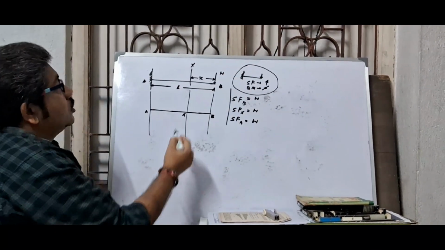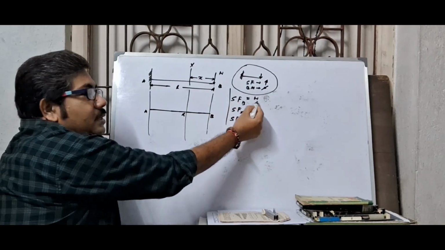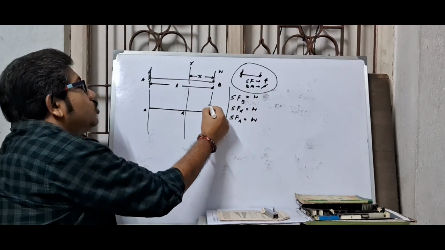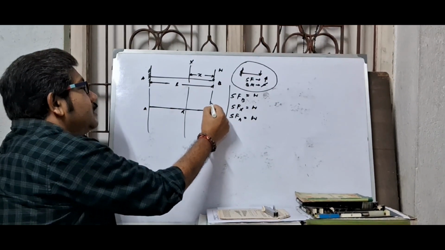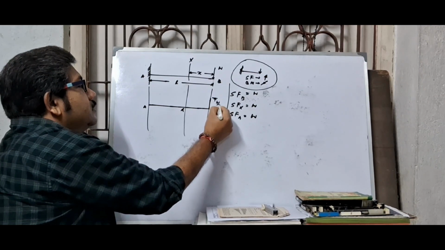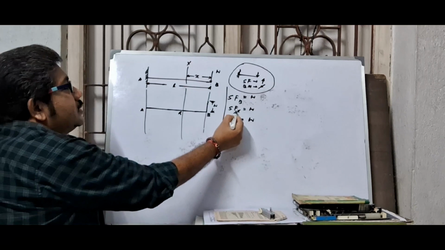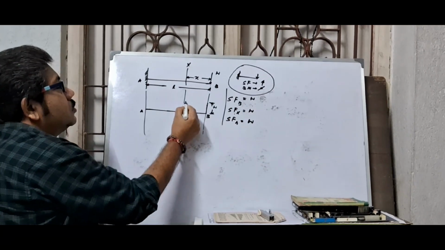Remember. So for this point load, shear force at point B is W, so here vertically upward. This is W. And here also shear force at point X is W.